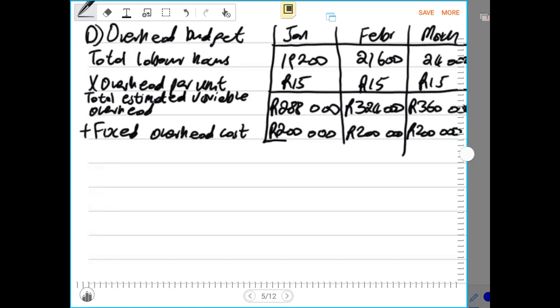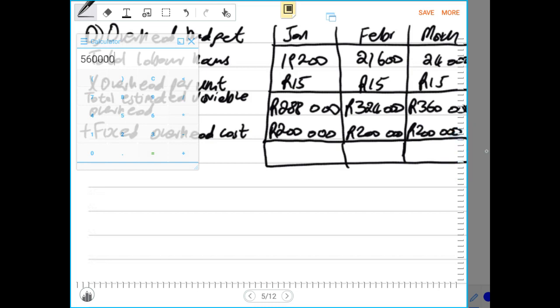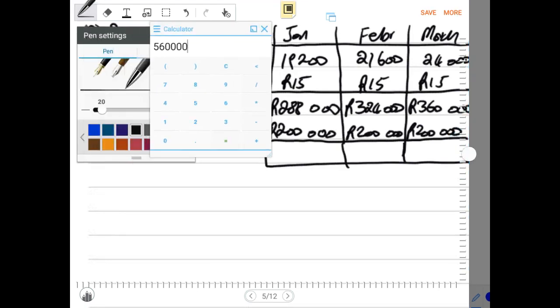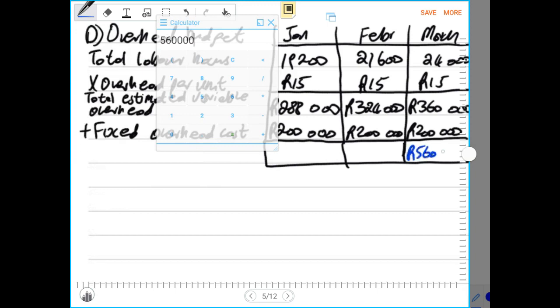Then after this will give us our total estimated overhead cost, which will be 200,000 plus 360,000. That will give us 560,000.